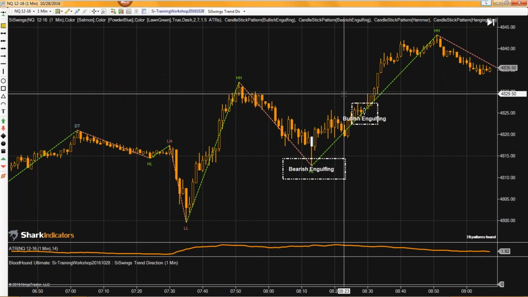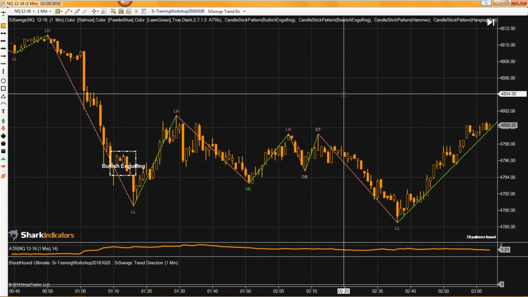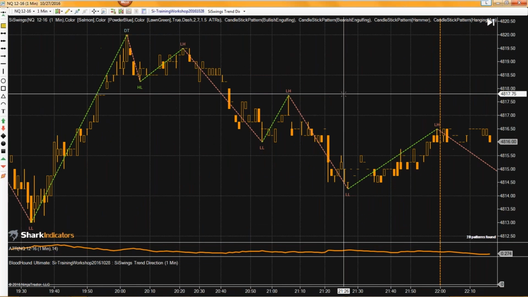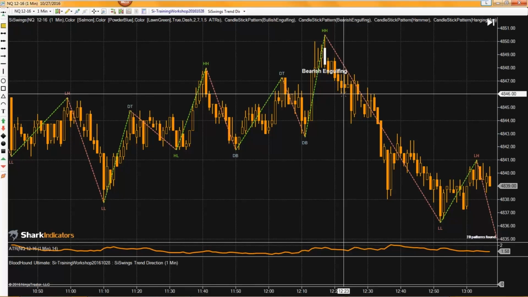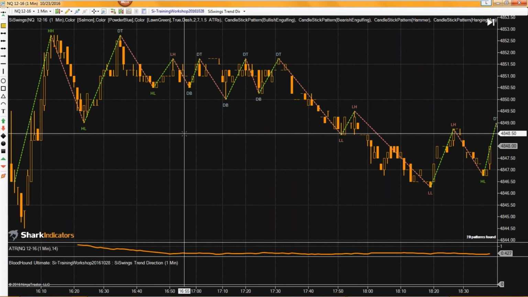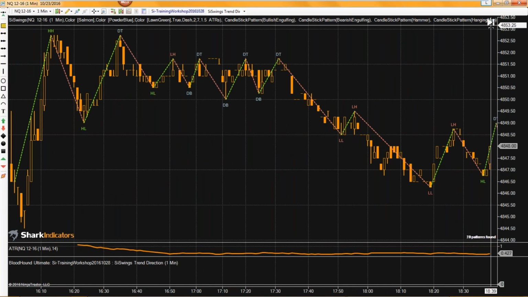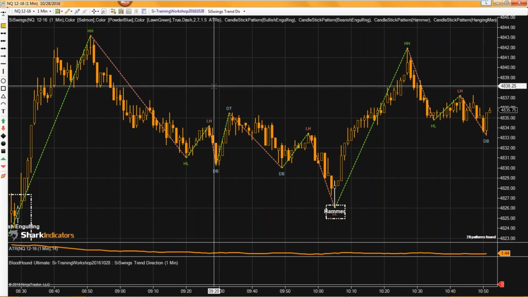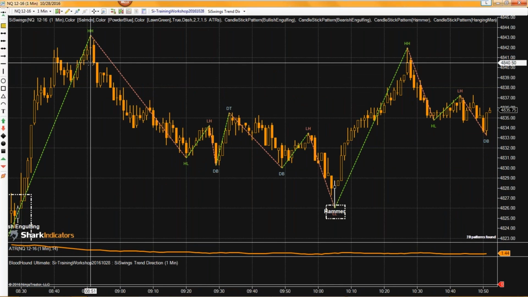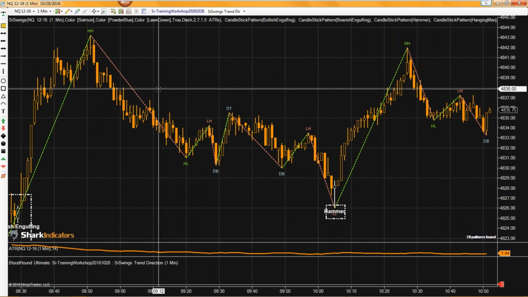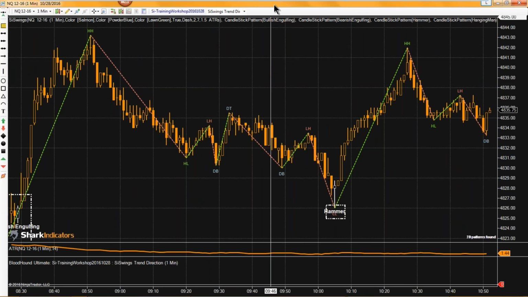So let me see if I can find any hanging man patterns. Yeah, there's just no hanging man on the NQ, but we'll just trust that it's built correctly.